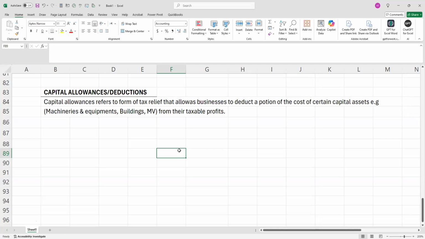So once we have this right, this should take us to the categories or types of capital allowances that you're going to look at. Not unless there's one who has not understood the concept of capital allowance.